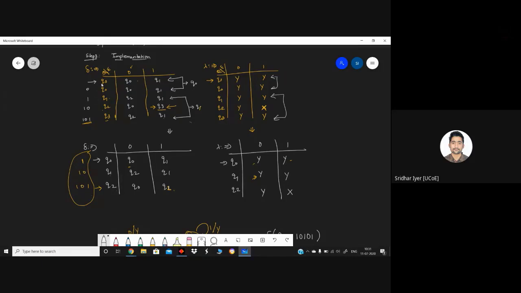Initially, we had started with an initial state QS, then a state Q0, which had ending with zero. But finally, what we got over here is simply the pattern 101 that was required. All other states which were initially present are not relevant in this case because at the end we only require 101. That's why the merging takes place. Merging is basically minimizing your entire state transition function or state transition table.